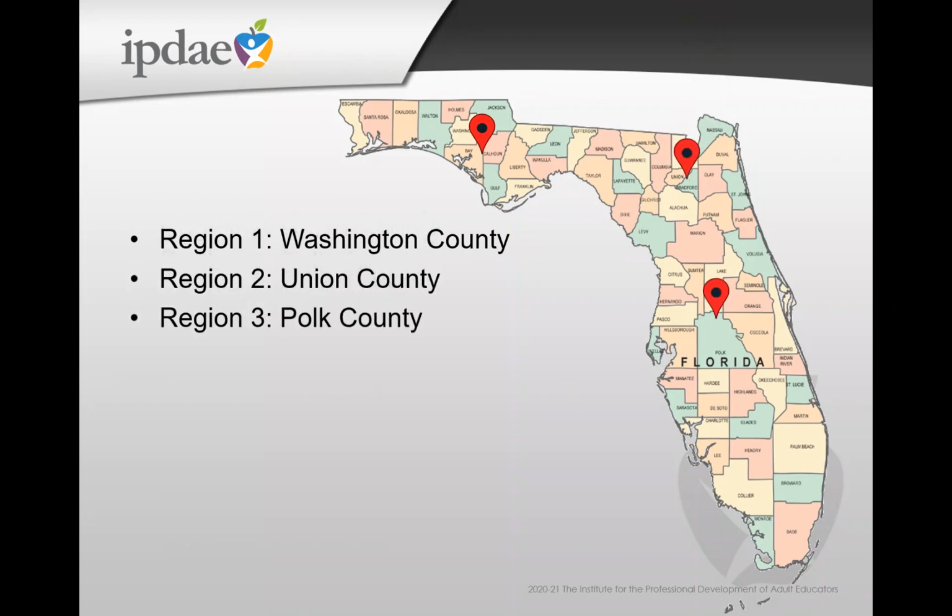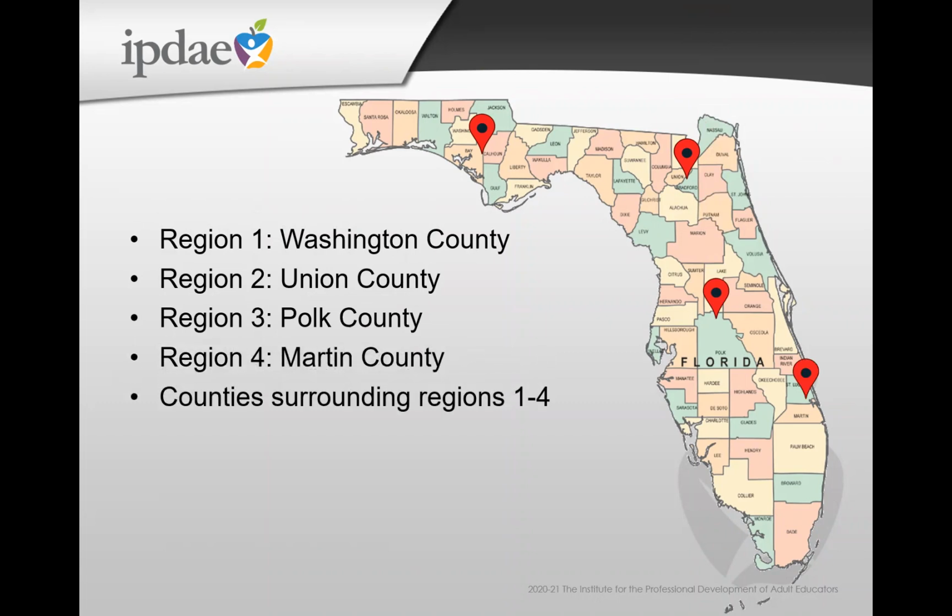We're going to Polk County, and we're also going to Region 4, Martin County. So we covered the first 4 regions of corrections institutions and jails in the state of Florida. But of course, all of the counties surrounding these 4 regions, or the counties that belong to these regions.